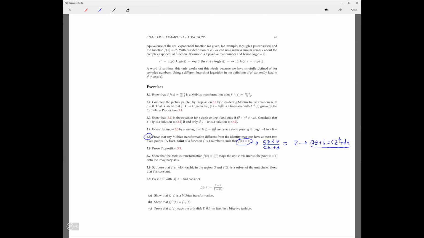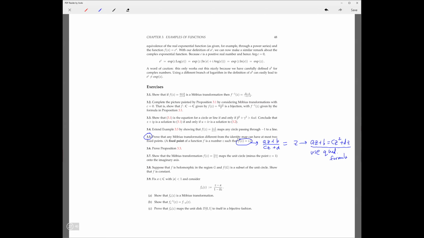So get everything to one side equal to 0, leading off with the CZ squared, and then use the quadratic formula. And maybe there are some little conditions, because it can't be that it's different than the identity map.